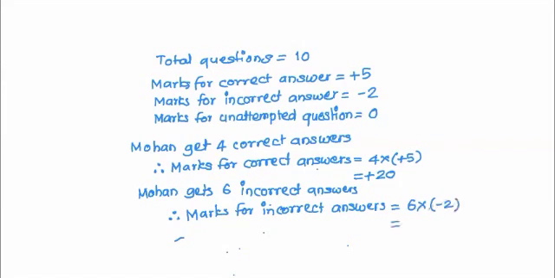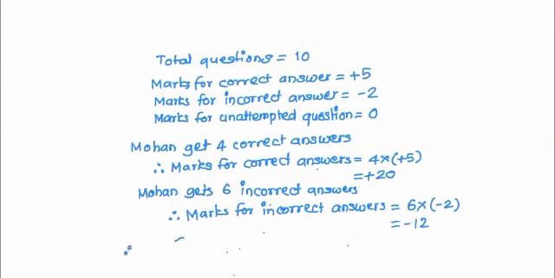Now here we'll multiply the weight. 6 into 2 is 12, and then to find sign, this is plus and this is minus. Different signs will always result into minus. So Mohan gets minus 12 marks for the incorrect answers.